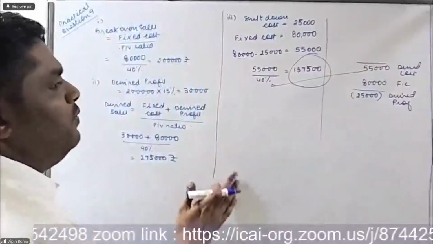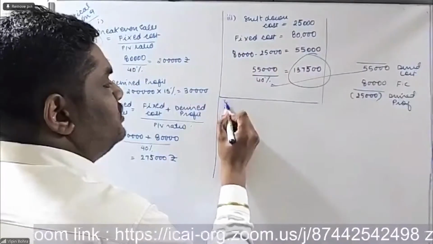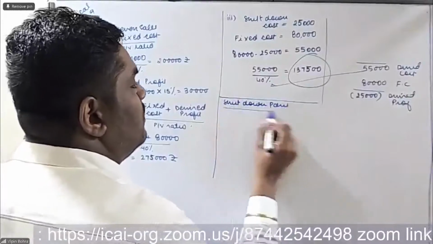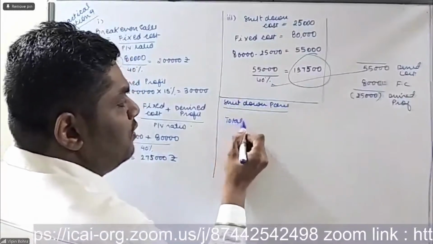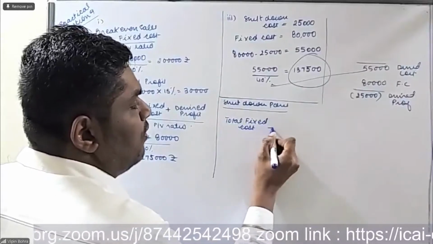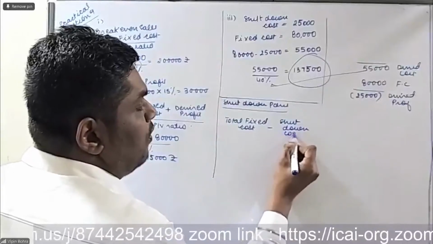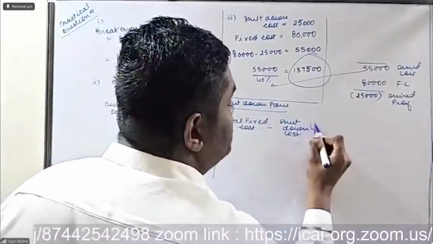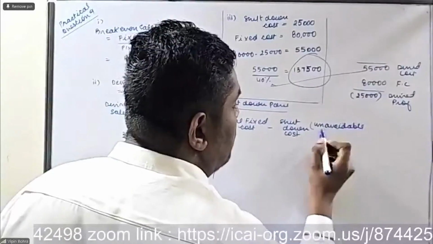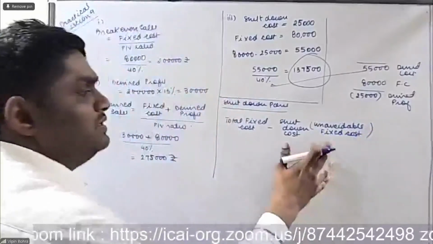So when talking about the formula that is given for shutdown point, this is called the shutdown point, wherein total fixed cost minus shutdown cost, or we can say unavoidable fixed cost, the cost that we can't avoid.